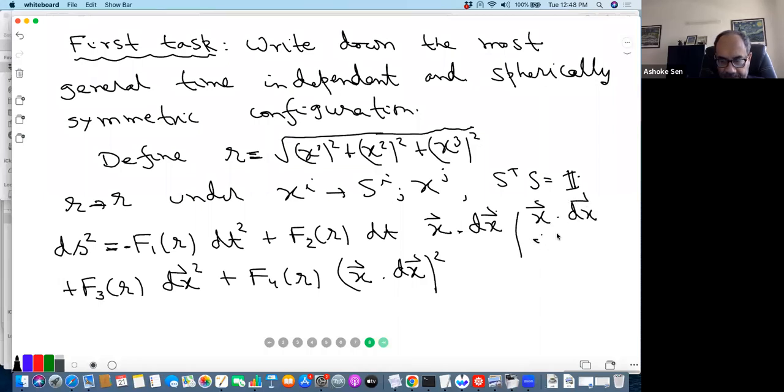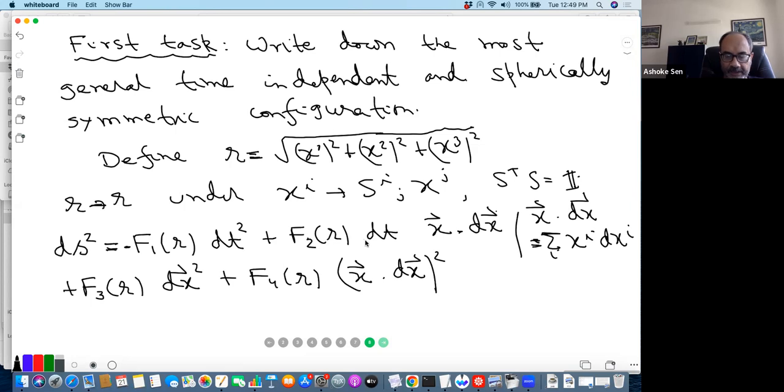This is just the sum over i of xi dxi, without using any metric. So the claim is that this is the most general configuration which is independent of time, that under t goes to t plus constant, the solution should look the same. That's the reason nothing can depend on time. You can see all of these are functions of R only.